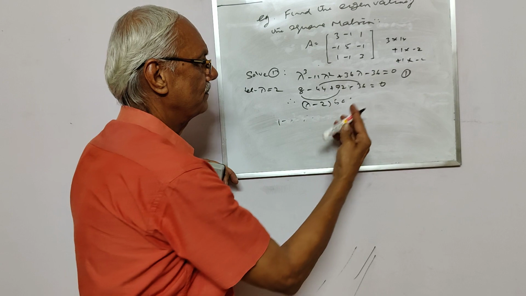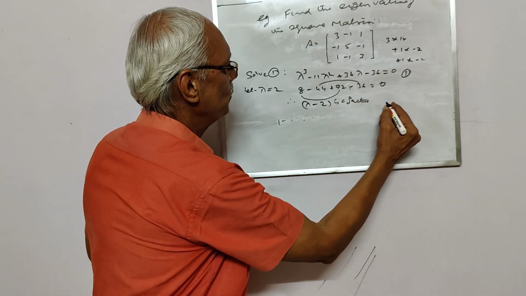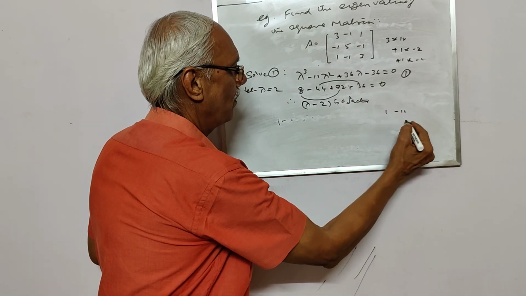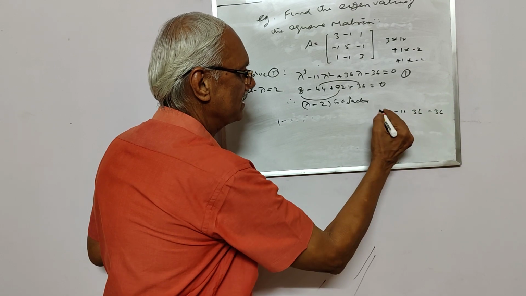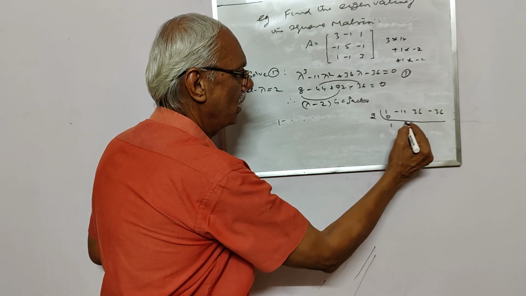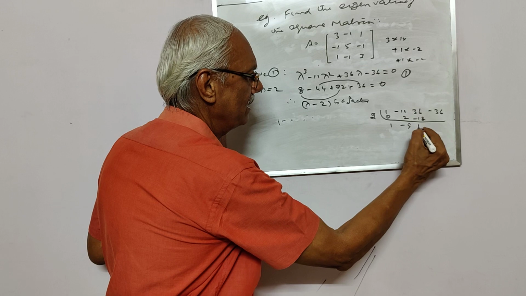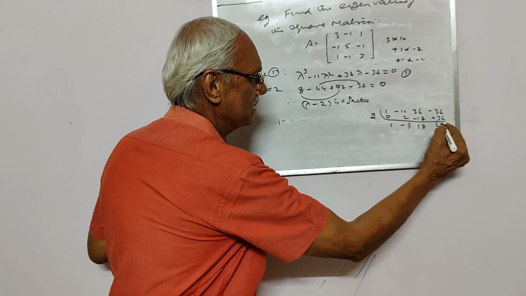Now this is a factor. I'll close it. Now what you must do is take only the coefficients 1, minus 11, 36, minus 36. 2 is your factor, put 2, then 1, 2, minus 9, minus 18, 18, then it is plus 36, 0.